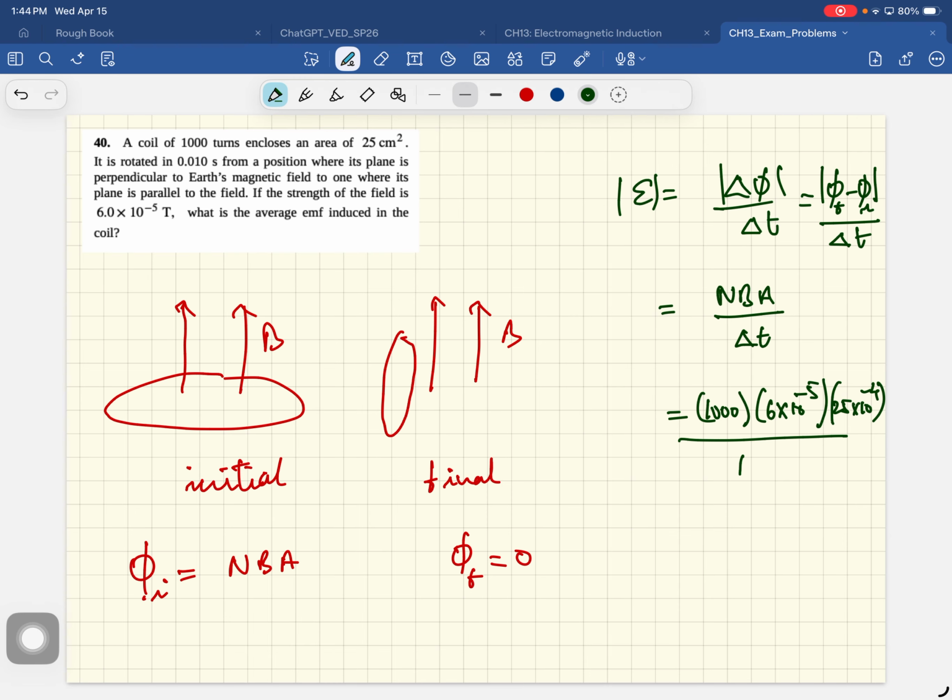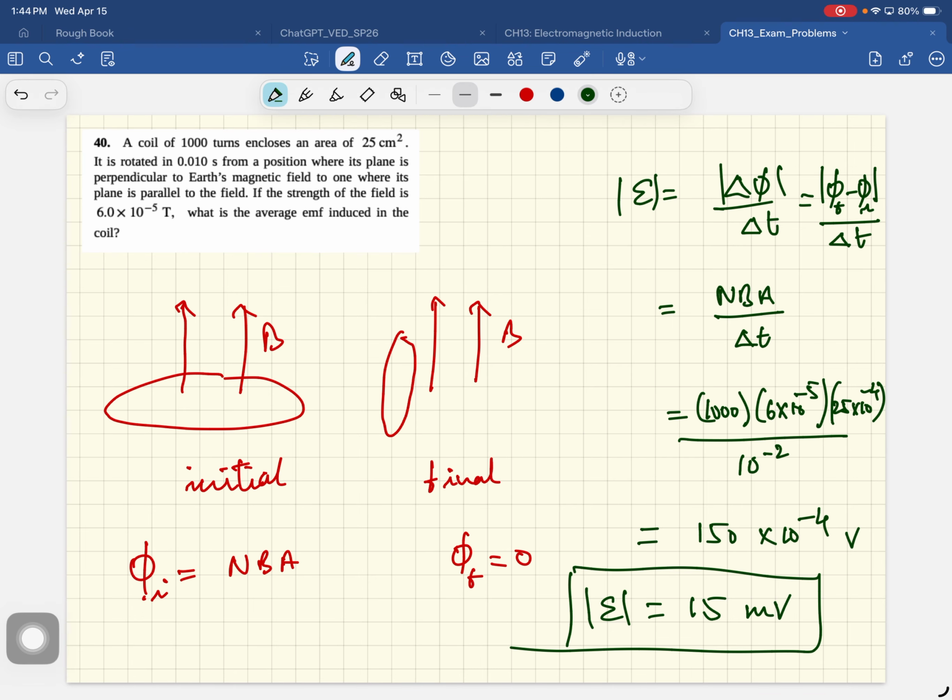The magnetic force on the electron is Q V cross B. If this were positive, on a positive charge the force is in the upward direction. On a negative charge, the force will be in the downward direction.